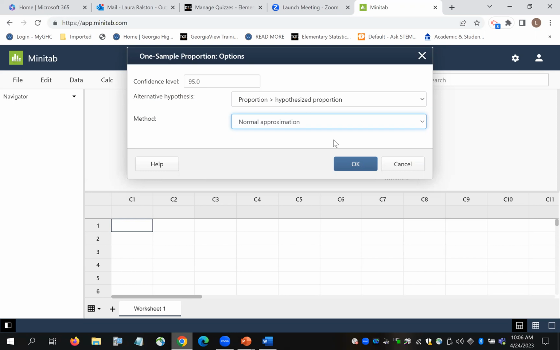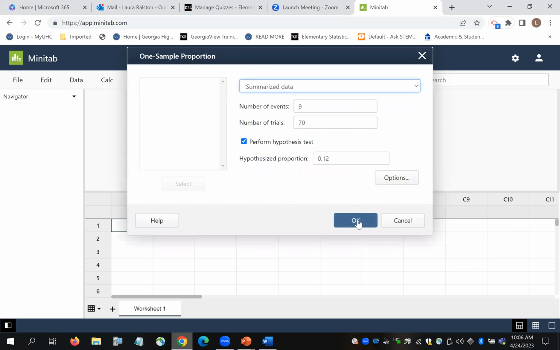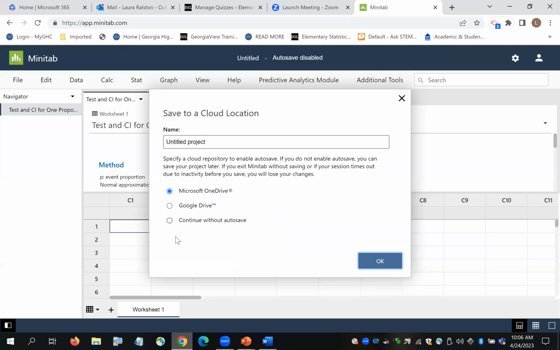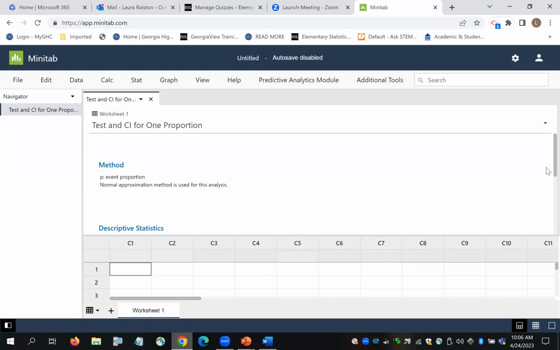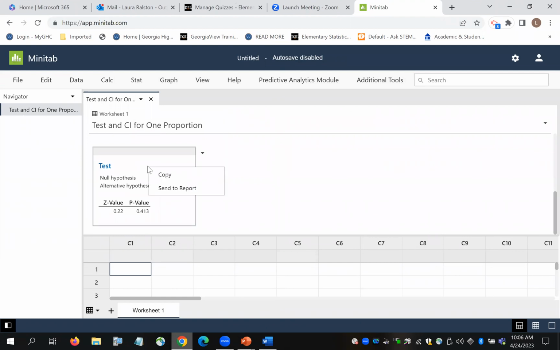The symbol in my alternative hypothesis is greater than, and you need to change the method to normal approximation. It just tells it what formula to use, and that's the formula we're going to use. I click OK. I click OK again. And again, I have to scroll down to the test. And I'm going to copy this over to my paper.